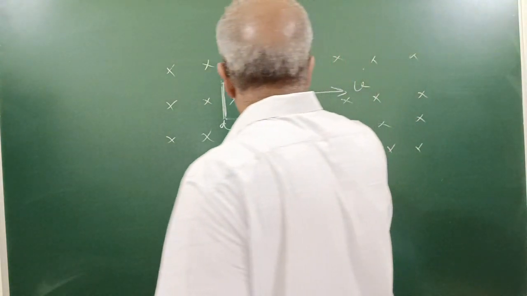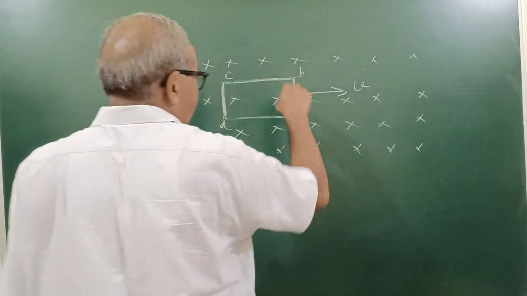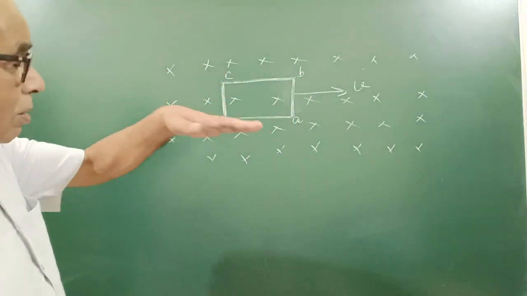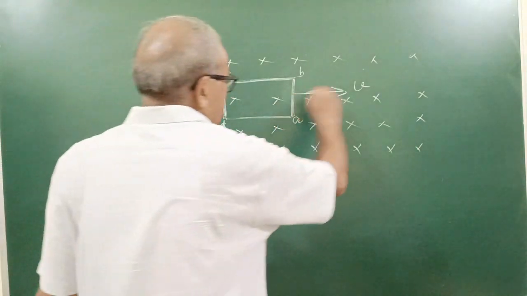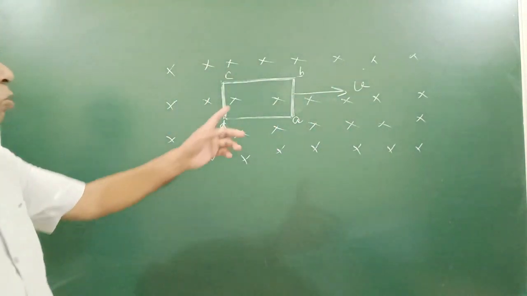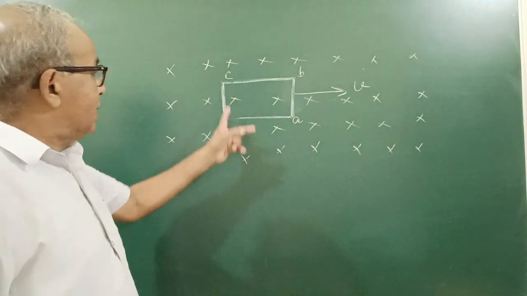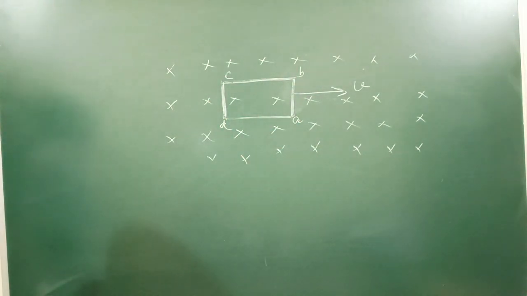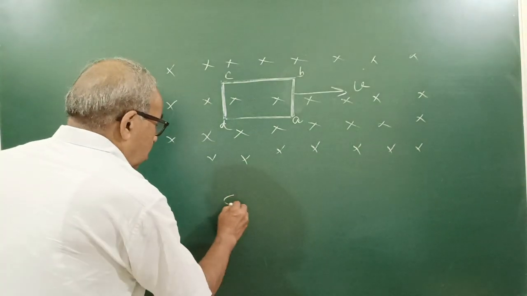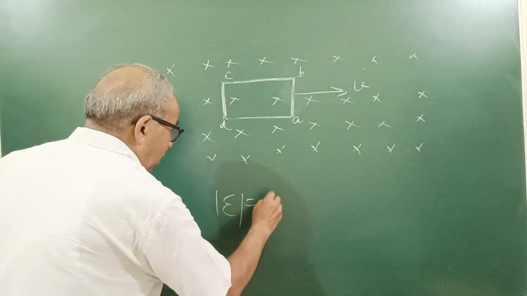Here these two sides are cutting the field lines. The magnetic field is normal to the plane of the paper or board and the loop moves in this way. So sides AB and CD are cutting the field lines. And therefore, the EMF is equal to Bvl.